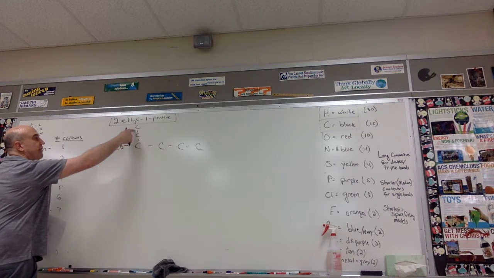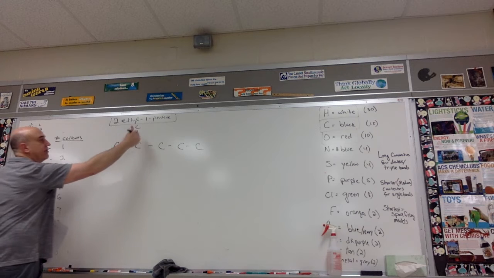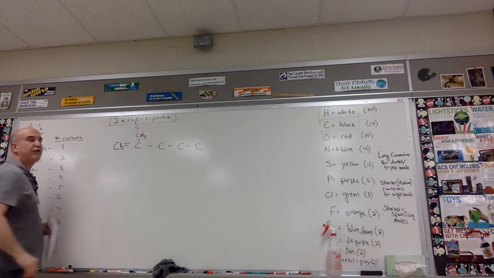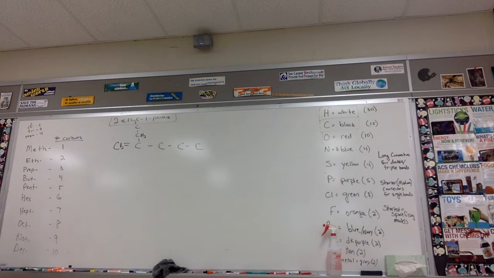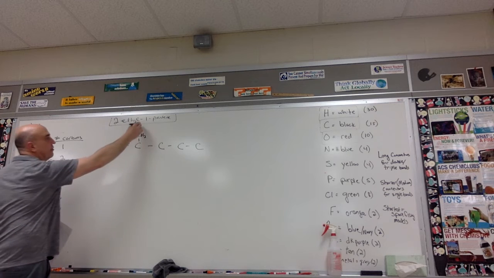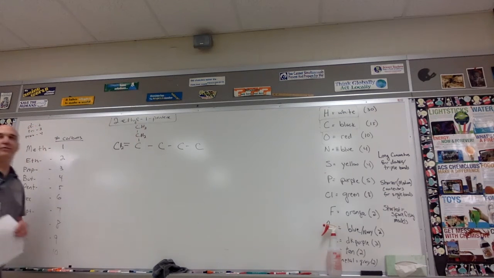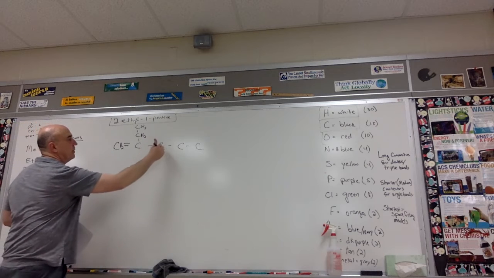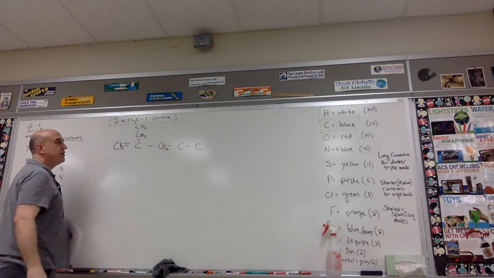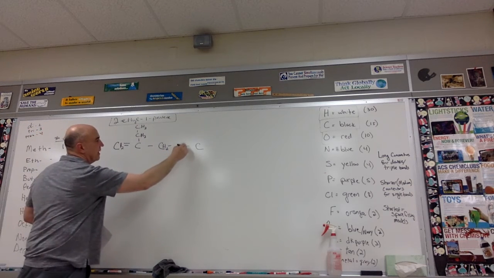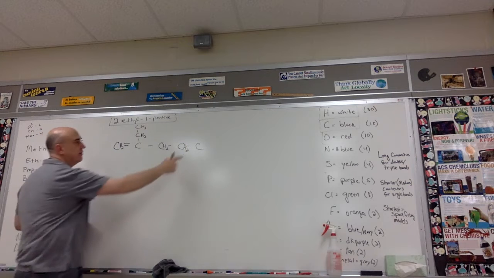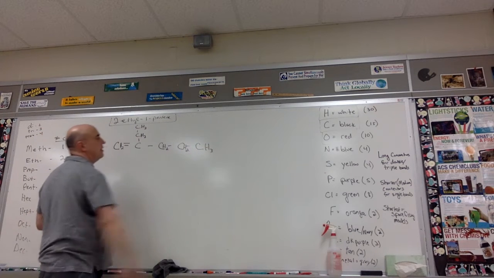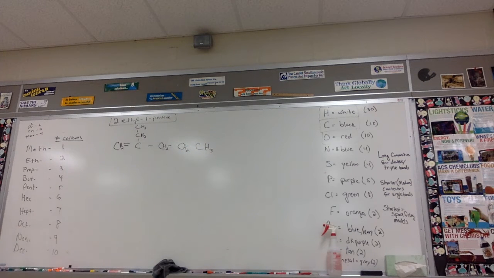This carbon has 2 of its 4 bonds, so it's going to be H2 because we need 2 hydrogens. This carbon only has 1 of its 4, so that's going to be H. And this carbon has 2 of its bonds, so we need 2 hydrogens to go with it. This has 2 of its bonds, so 2 hydrogens. This only has 1 of its bonds. So that would be the correct structure for 2-ethyl-1-pentene.